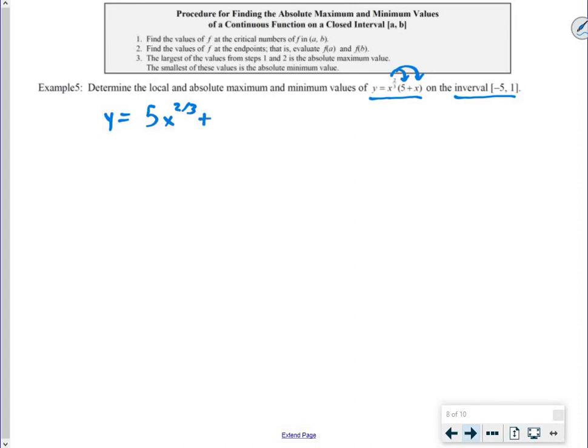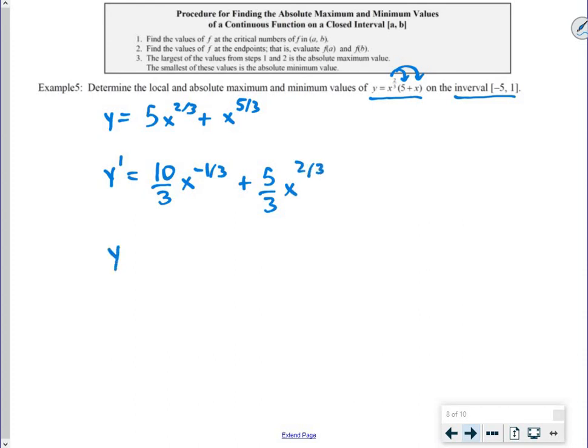The next term would be 2/3 plus 3/3, which would be 5/3, so x to the 5/3. Now take the derivative. That would be 10/3 x to the minus 1/3, plus 5/3 x to the 2/3.